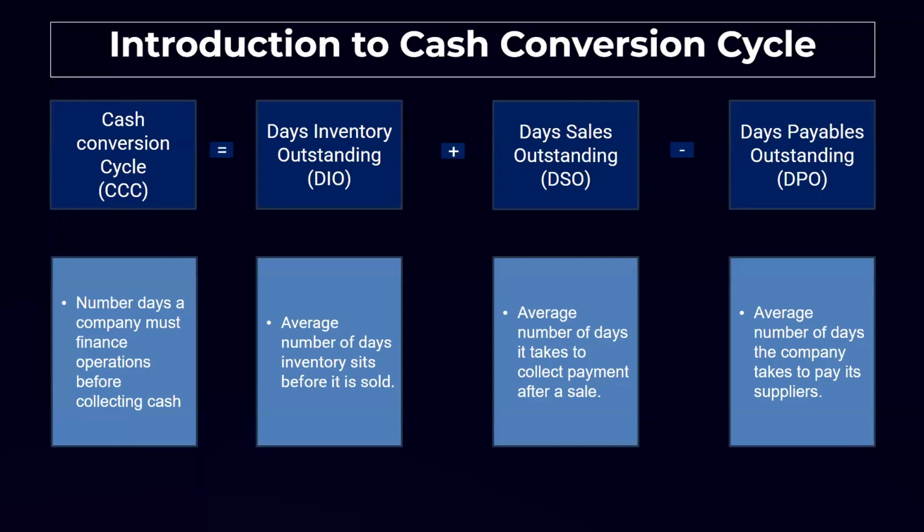Is it for 30 days, 60 days? Depending on industry, it can vary. If it is a fast moving product, your inventory days may be lower. And if it is a slow moving product, wherein you have to do some work, if there's a manufacturing process, the inventory days may be higher in those kinds of companies.